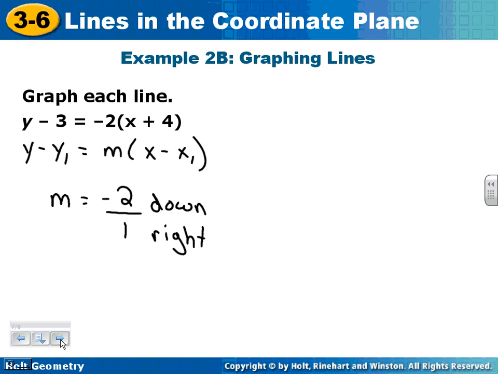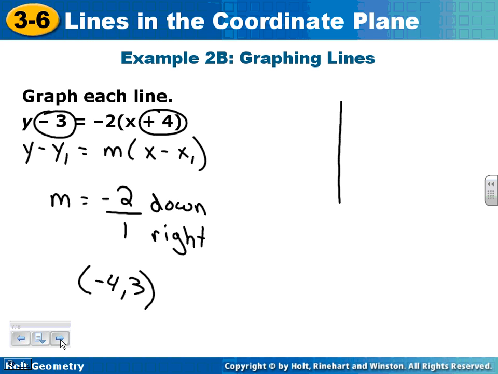And of course, right 1. But I don't have a y-intercept here. The point that it goes through would be (-4, 3). Notice I'm switching the signs. That's a positive 4, so my x-coordinate is minus 4. That says minus 3, so my y-coordinate is positive 3.